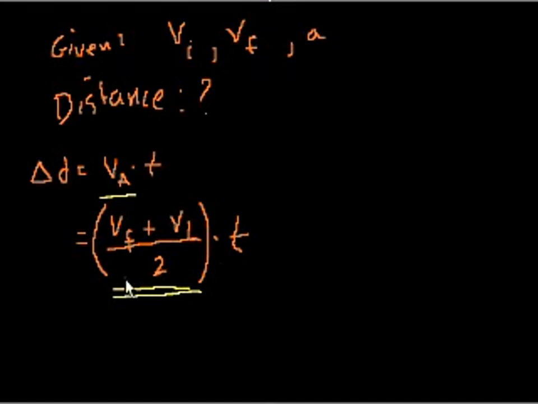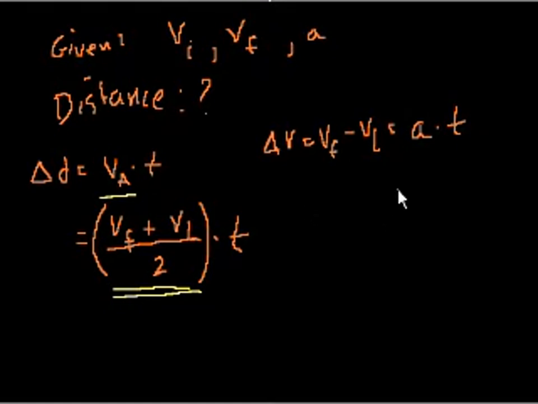Well, what's the time? You can figure out the time because we know how fast we're accelerating, and we know the initial and final velocity, so we can figure out how long we had to accelerate to get that change in velocity. Or, a simpler way of saying that: the change in velocity, which is the final velocity minus the initial velocity, is equal to acceleration times time.